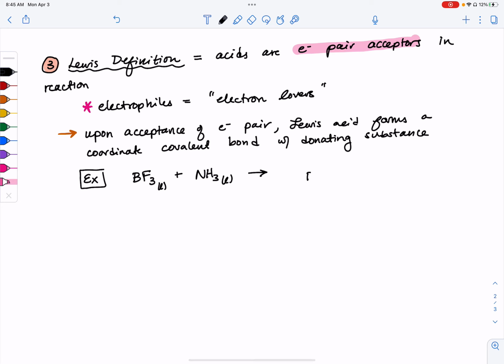We form BF3 and NH3, which is ammonio trihydro. Oh God, don't ask me to do this. I'm not an organic chemist, but we make those products.